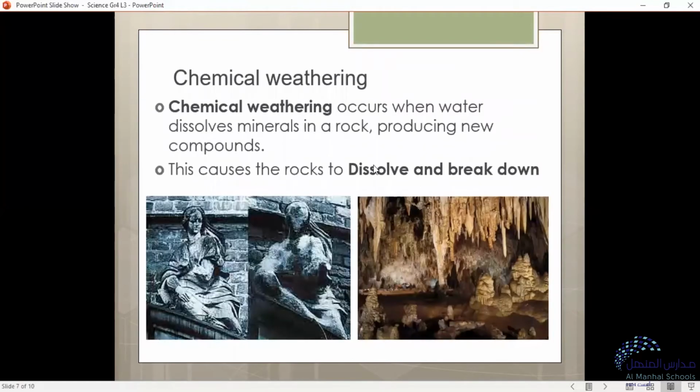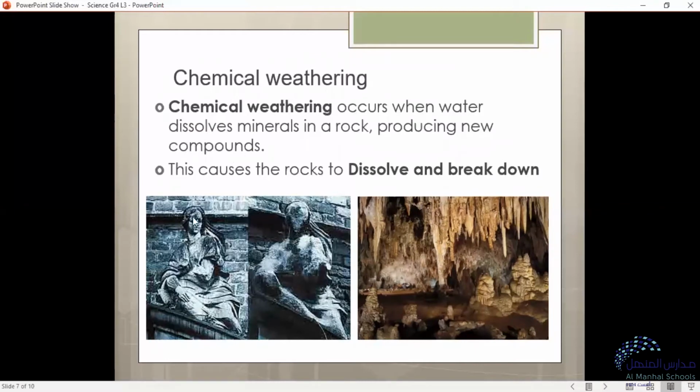So first of all, let's take a look at what chemical weathering is. Chemical weathering occurs when water dissolves minerals in a rock, producing new compounds. So you can see here in caves, these formations called stalagmites form when water seeps through the rock and gathers minerals, and then they fall down and the minerals harden.